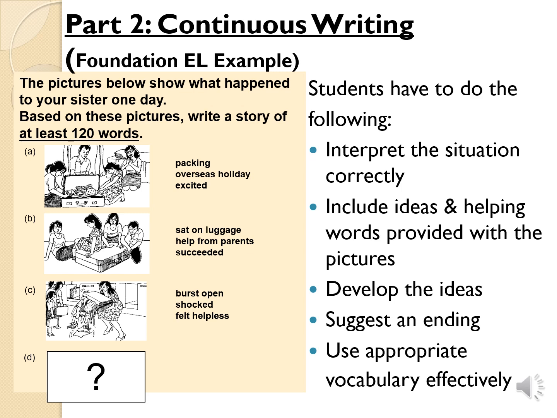This is the example for Foundation English. Students have to interpret the situation correctly and include helping words provided. They need to develop the ideas and use vocabulary effectively. They also have to suggest an appropriate ending to the story.